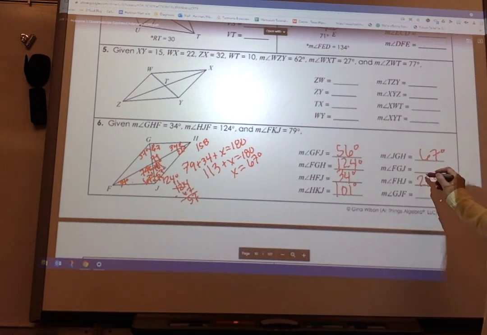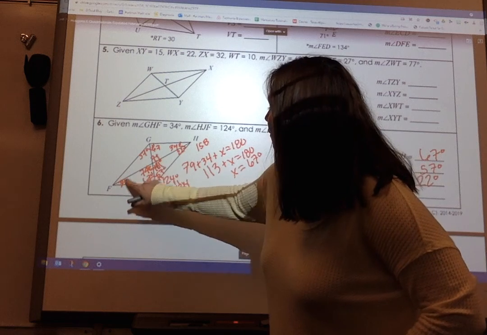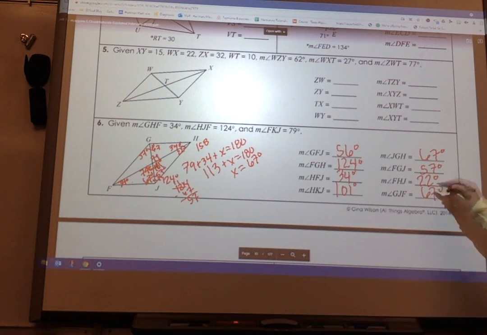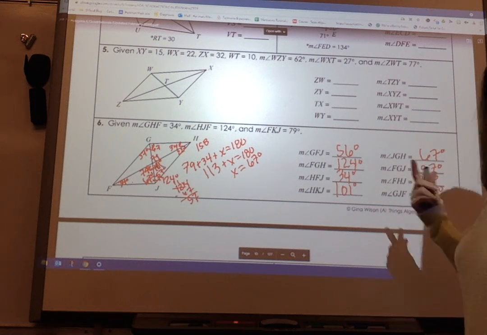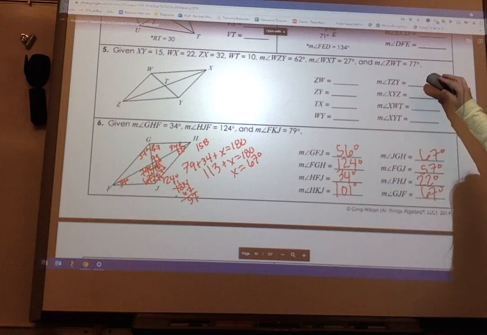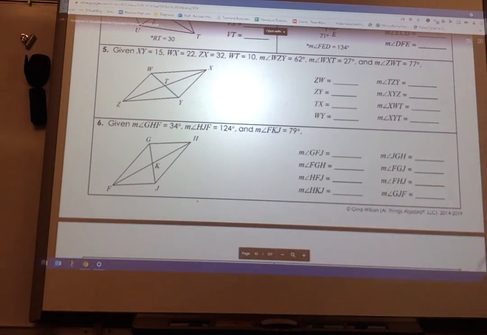Alternating interior angles. And then GJF, we already found was 67 degrees, and we found that earlier on, so that one is 67 degrees. So that's kind of how we piece everything together. You just take it one step at a time, and we're just putting all those properties together to solve for that parallelogram.